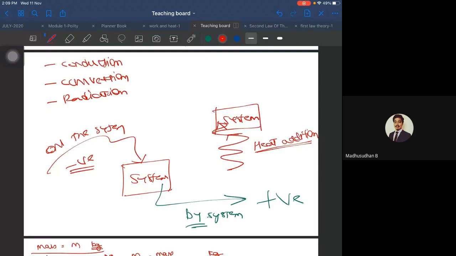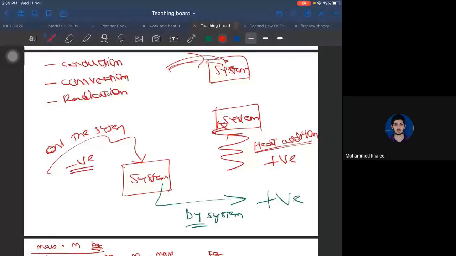It should be taken as positive because your system is gaining the energy. If you are adding heat to a system, inevitably the system is gaining energy or losing energy? Gaining. If it is gaining energy, it should be taken as positive. Yes or no?